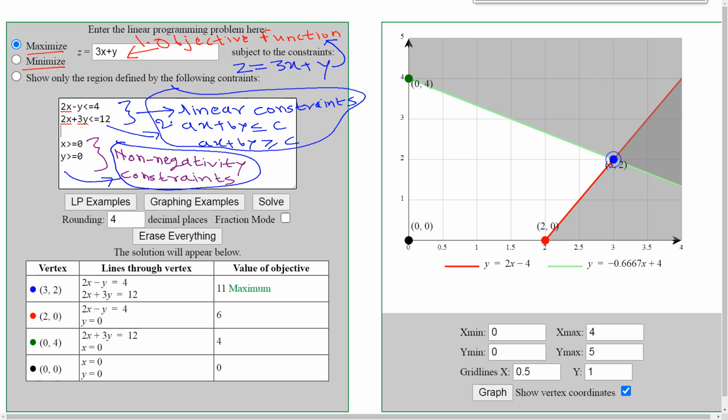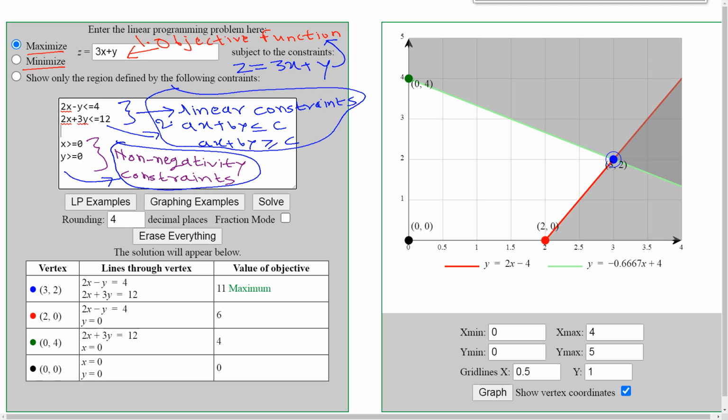Then the second part consists of linear constraints, which are of the type ax plus by is less than or equal to c, or ax plus by is greater than or equal to c. And the third part consists of non-negativity constraints. The main purpose of this chapter is to solve linear programming problems.